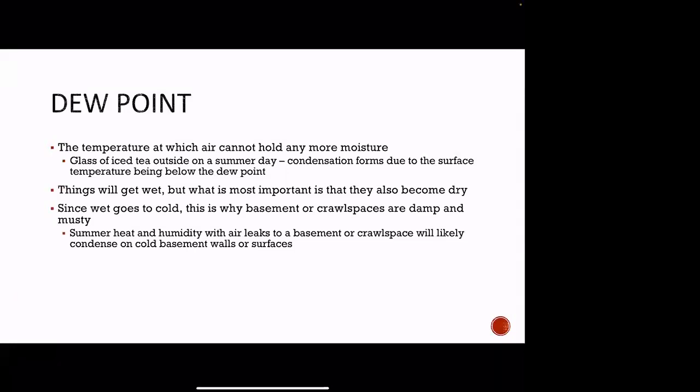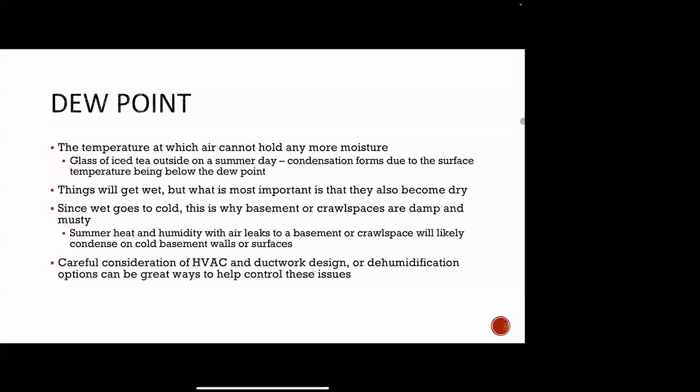And it's likely going to start condensing on cold basement walls because of dew point. And what is a byproduct of that? That cold, damp, musty crawl space or basement that we run into. So, with careful consideration of the HVAC equipment, the ductwork design, or proper ventilation and dehumidification options can be a great way to help control these.